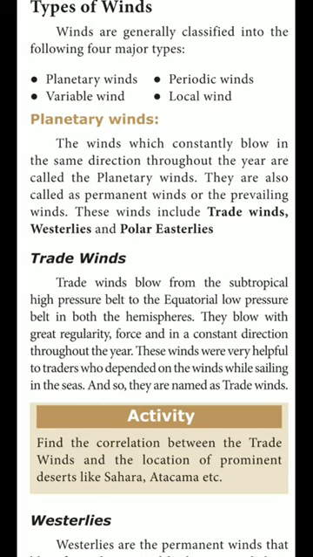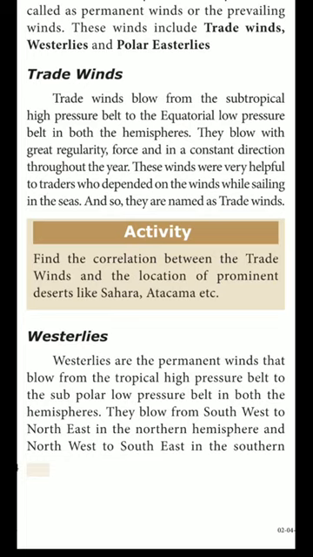Next one, westerlies. What do you mean by this westerlies? Westerlies are the permanent winds that blow from the tropical high pressure belt to the subpolar low pressure belt in both the hemisphere. Listen carefully. This is also another question. What do you mean by this westerlies?